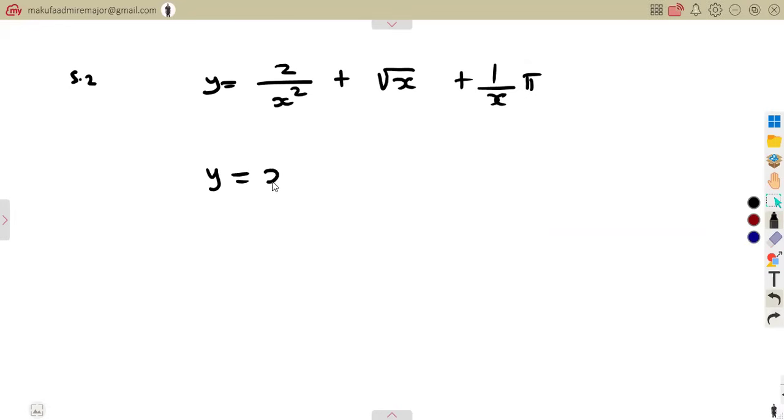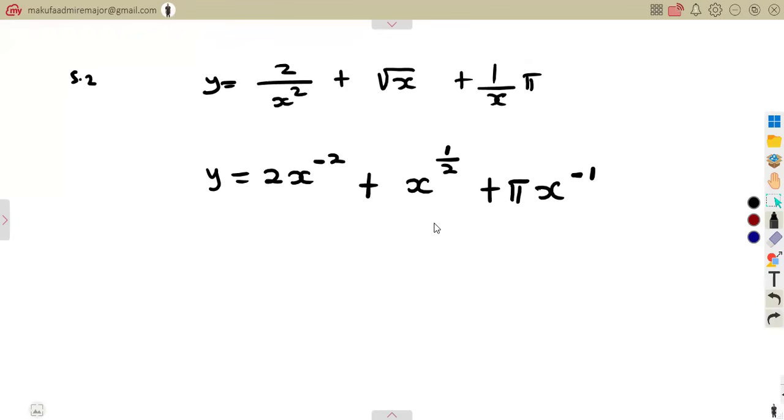Back to your laws of exponents. That will be to a negative exponent. The square root of x, it is the same as to the exponent of a half. Again, there we've got 1 over x. So in this case, it is the same as x to the exponent of -1, just like what we have on 2 over x squared.